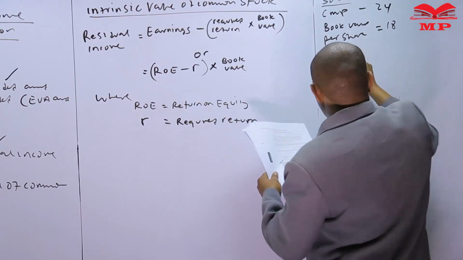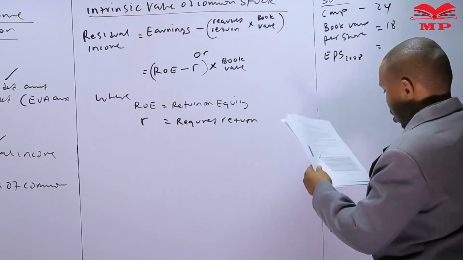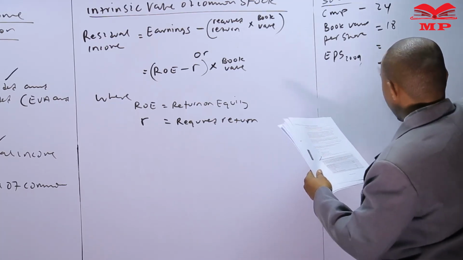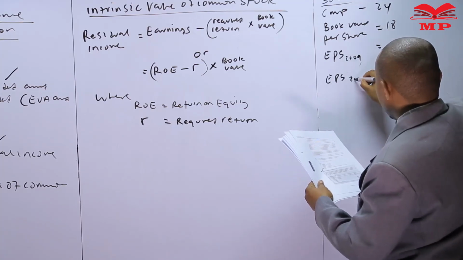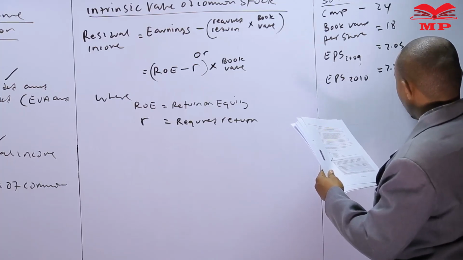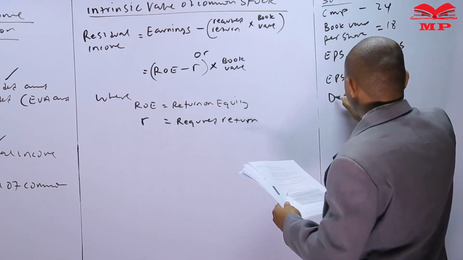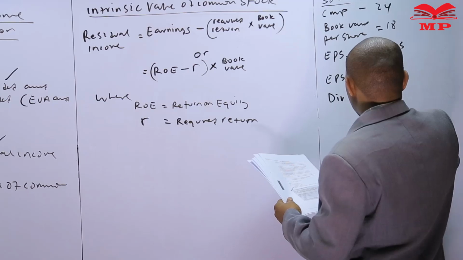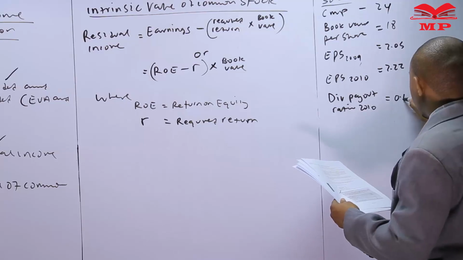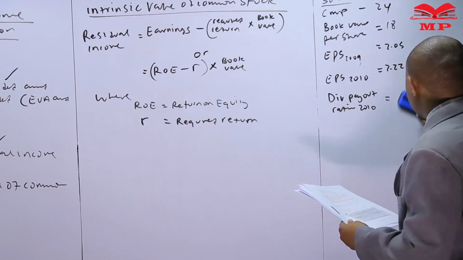We also have the EPS, or earnings per share, for 2009 and 2010: for 2009 we have 2.05 and for 2010, 2.22. The dividend payout ratio for 2009 and 2010 is, rather, 65%. Sorry about that. It's 65%.